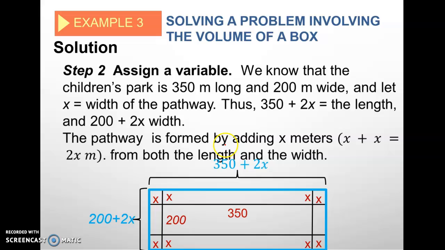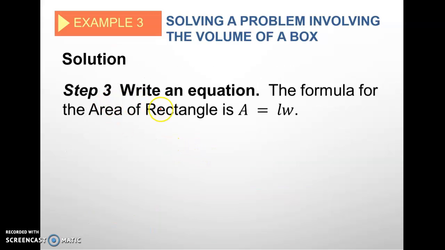The pathway is formed by adding x meters, x plus x on both length and width, on every end of it. Now we write the equation. The formula for the area of a rectangle is A equals length times width.